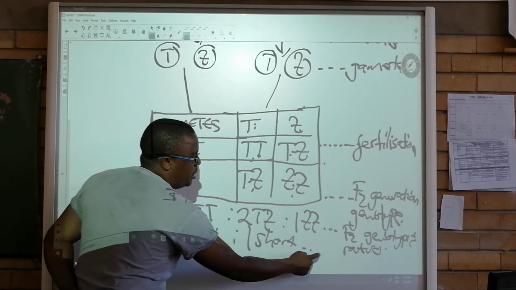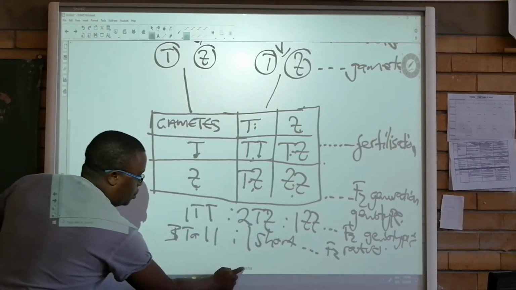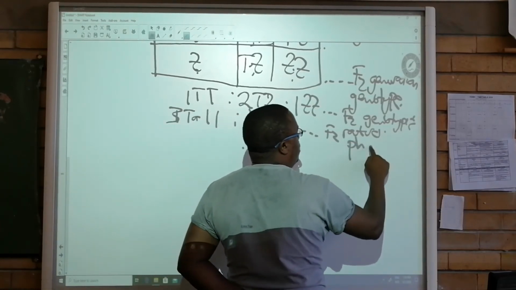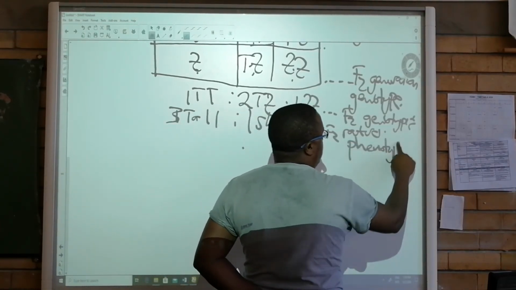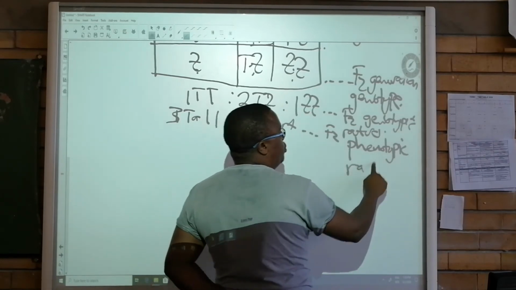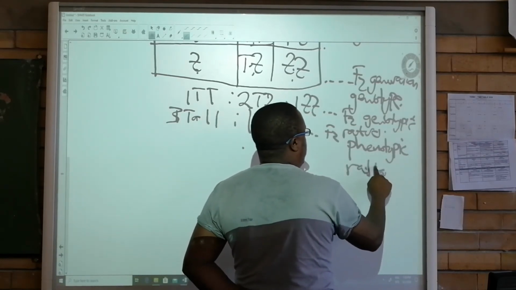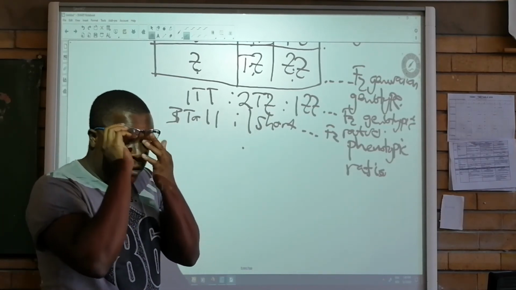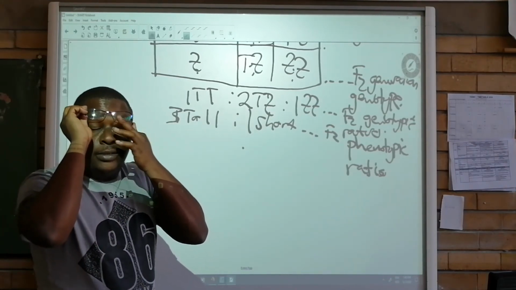And what is this? It is my F2 phenotypic ratio. I hope that makes sense.